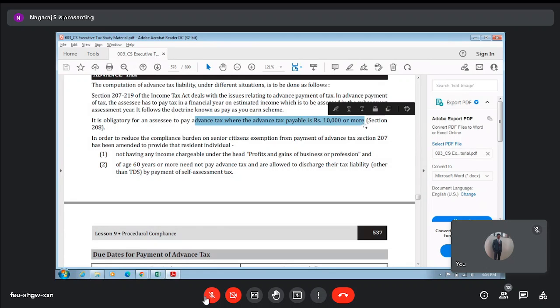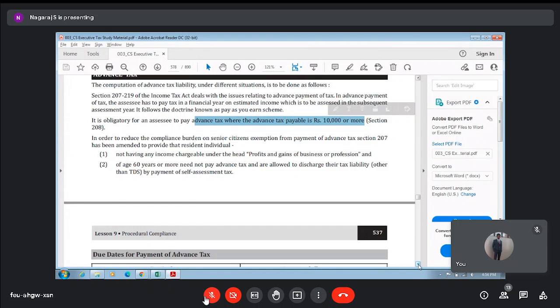Whatever you are going to pay in the assessment year is self-assessment tax. You got the difference? Tax paid during the previous year itself is advance tax. Tax paid during the assessment year is called self-assessment tax.